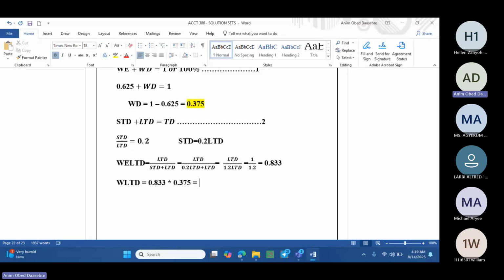That will give us 0.833 times 0.375, giving us 0.3125.